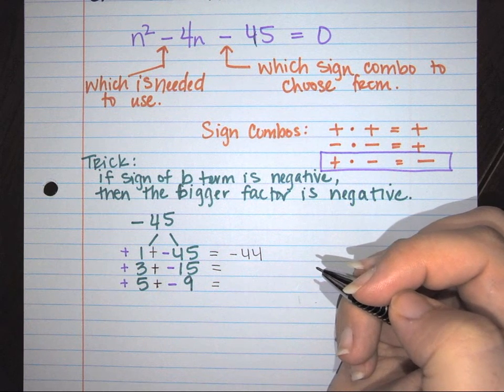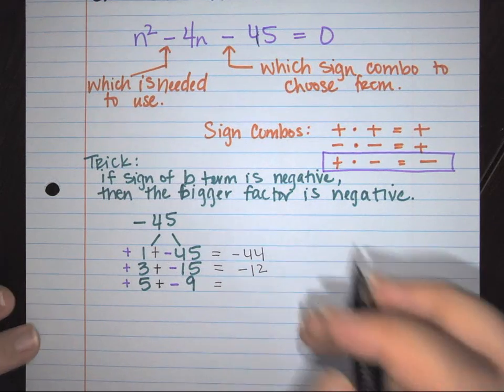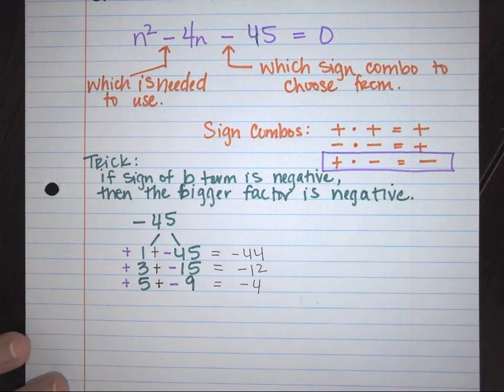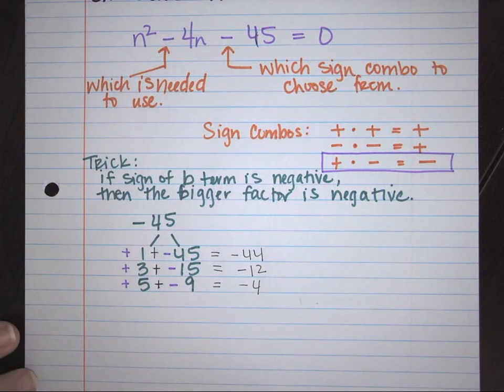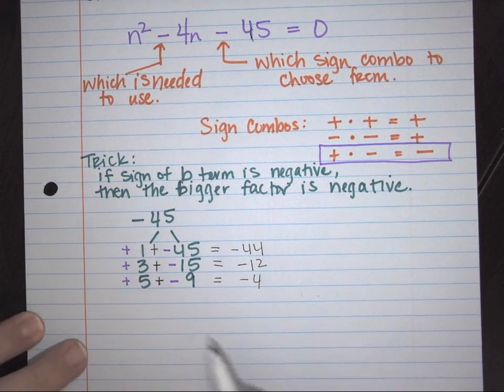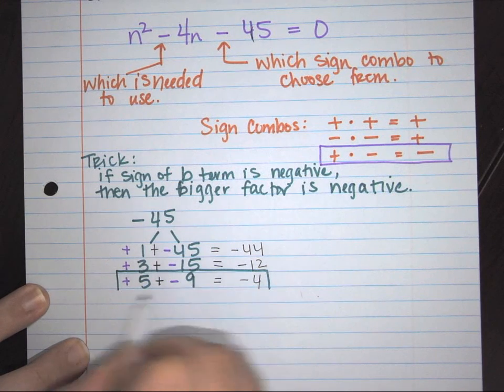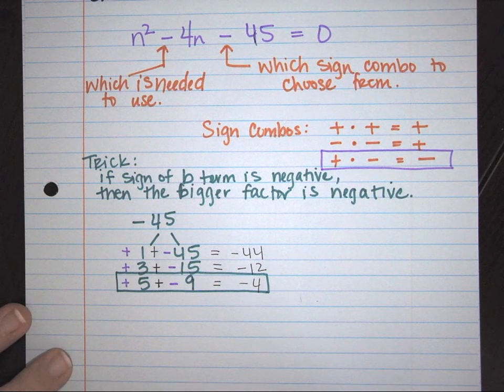I have 3 plus a negative 15 gives me a negative 12. And I have 5 plus a negative 9 gives me a negative 4. So when we look at these, the only combination that we could use has got to be my bottom combination here, because that's the only one that works.